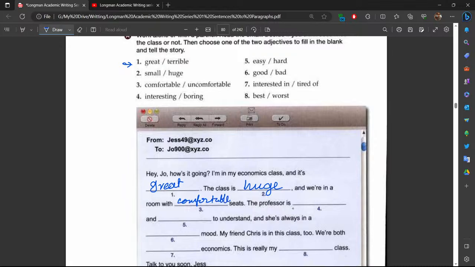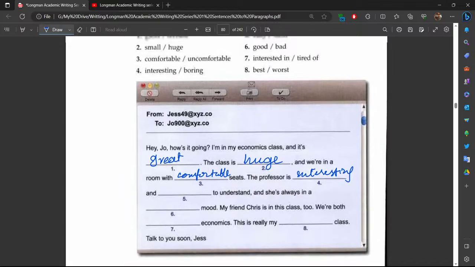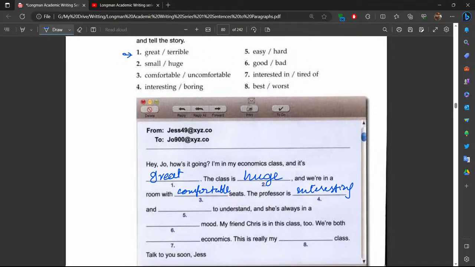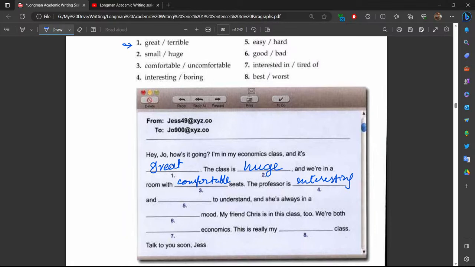The professor is interesting and easy to understand. And she's always in a good mood.